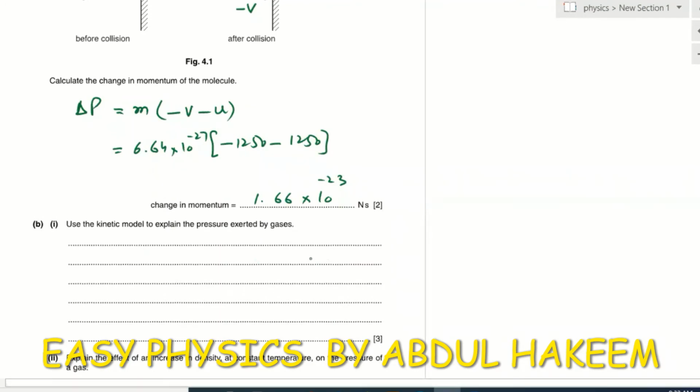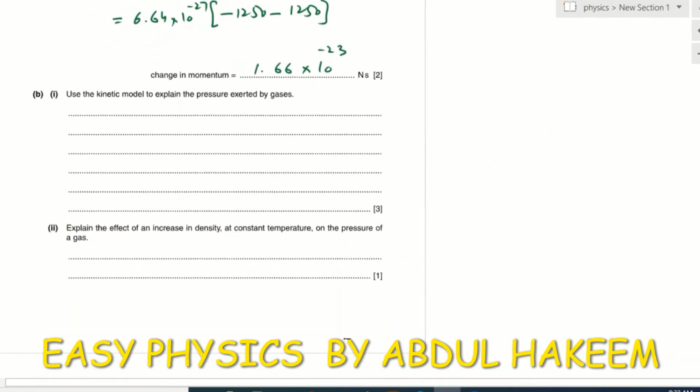So we write first: molecules collide with the wall of the container. During collision, they change their momentum. Rate of change of momentum causes force. The change of momentum is F into t. And force exerted per unit area of the wall causes the pressure.